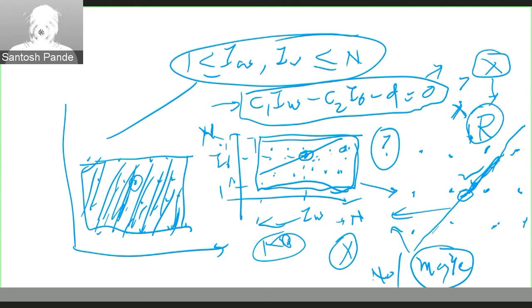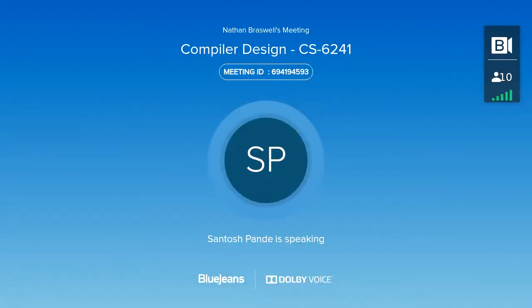Okay, so if you have any further questions, feel free to interrupt, but let's go back and now check how to go about finding out whether there exist integral solutions or not.